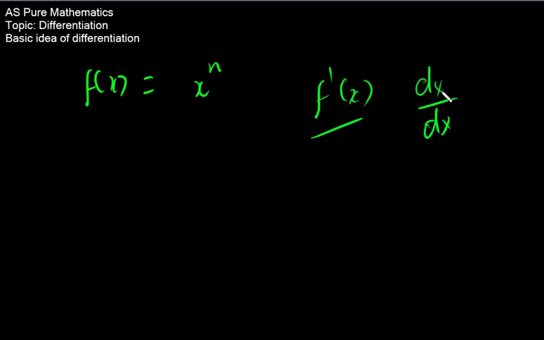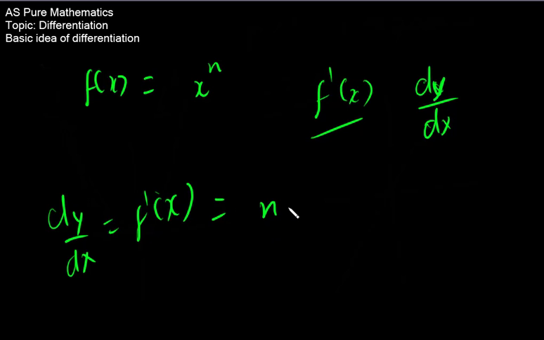Personally, I usually use this one, dy over dx. So let's say f of x is equal to x to the power of n, then dy over dx is equal to n times x to the power of n minus 1. This is the basic idea of differentiation.